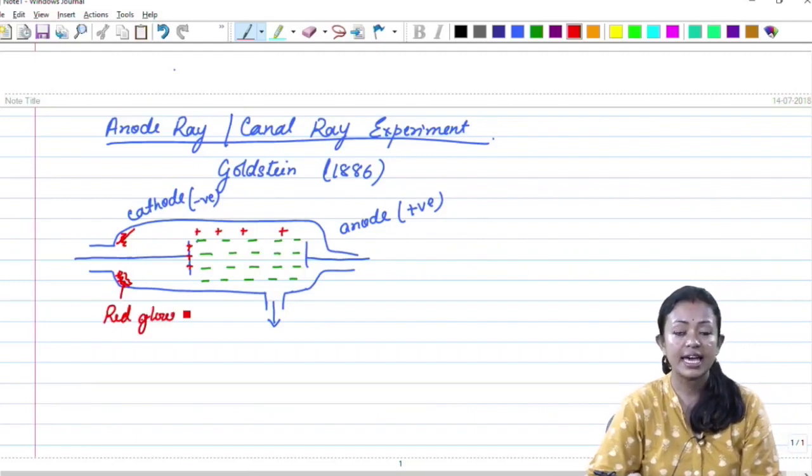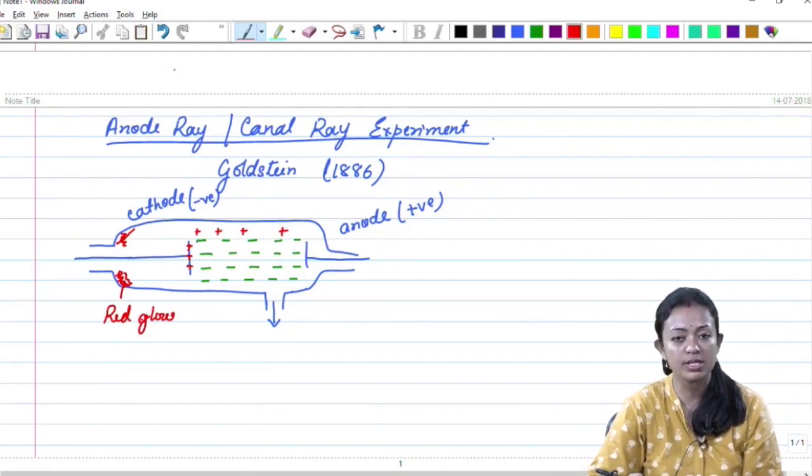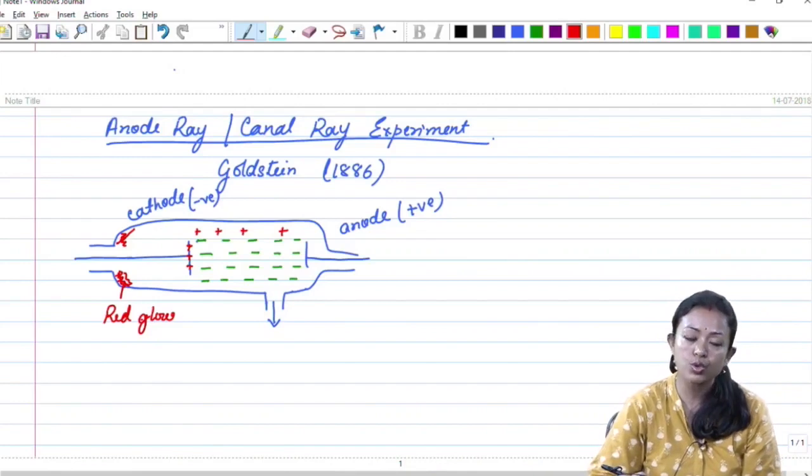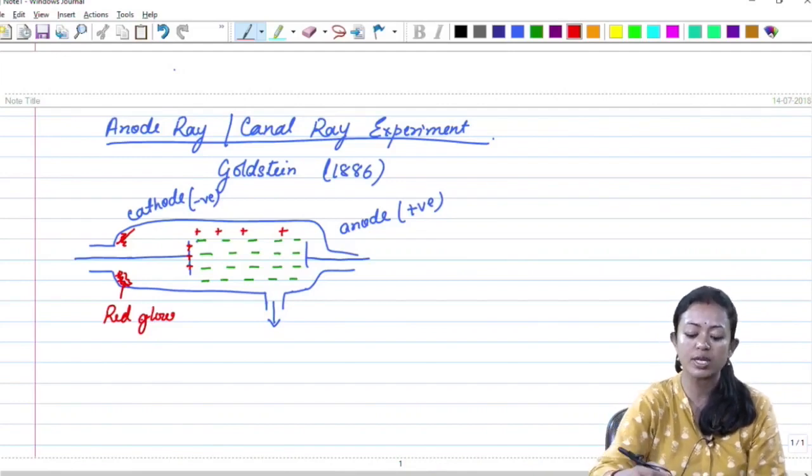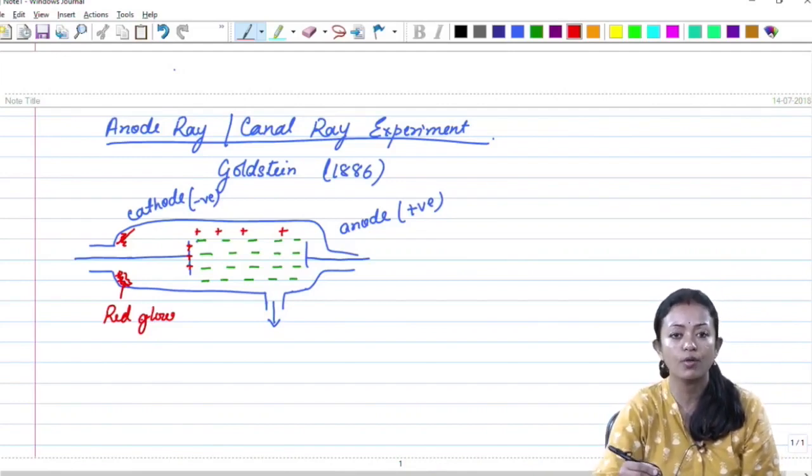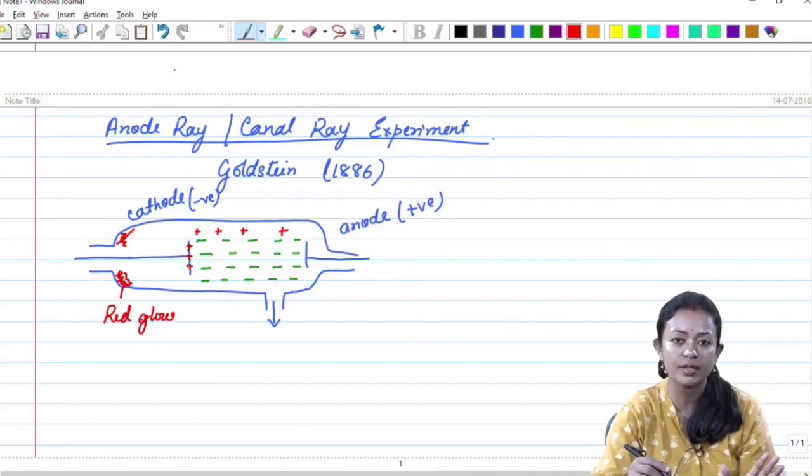And this invisible ray was termed the anode ray because it seems to have originated from the anode, or also the canal ray because it was passing through the perforation of the cathode. That is, as if it was passing through the canals of the cathode.